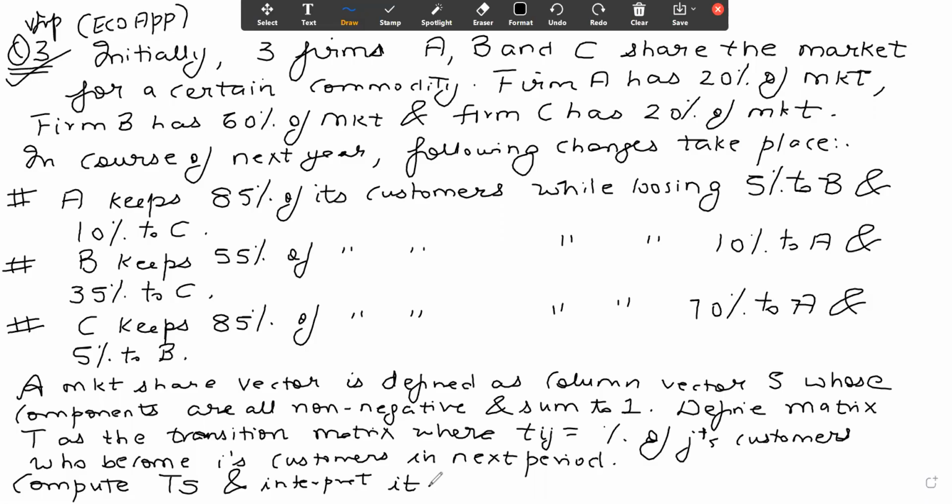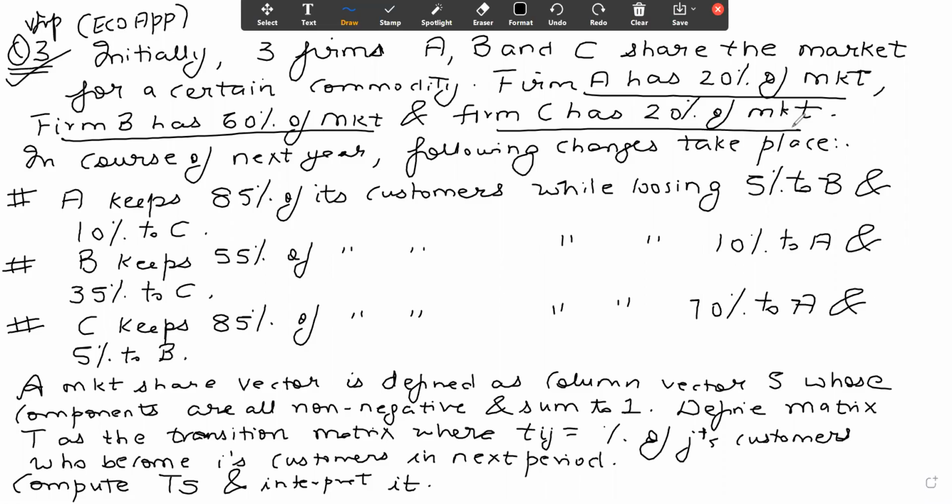So first of all, hoping that students have written down this question, let us quickly give it a read. There are 3 firms A, B and C who share the market for a certain commodity. A has 20% of the market, B has 60% of the market, and C has 20% of the market. And then they have given that the following changes are taking place.